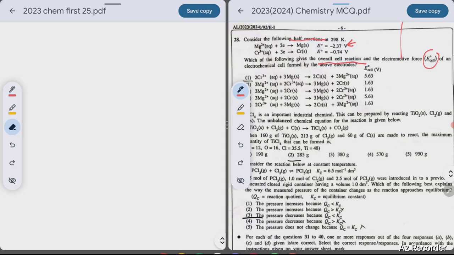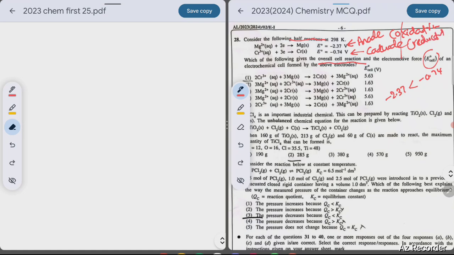So magnesium should be the anode, because you all know minus 2.37 is lower than minus 0.74. So this should be the anode and this should be the cathode. And you all know, even though it is an electrochemical cell or electrolytic cell, the anode does the oxidation and the cathode does the reduction.